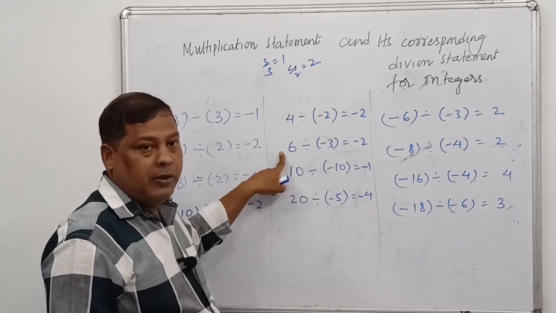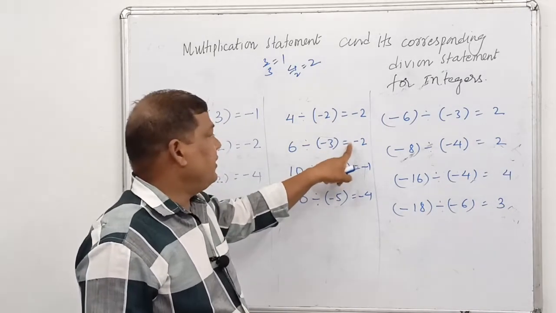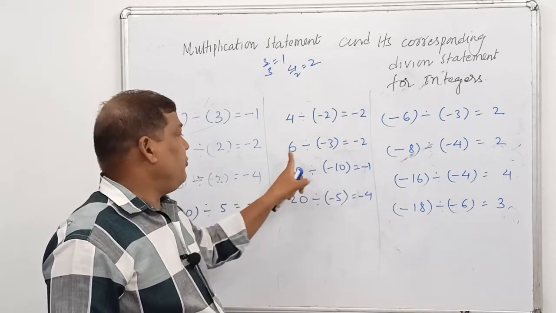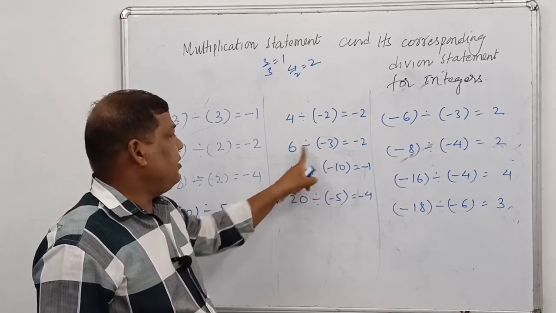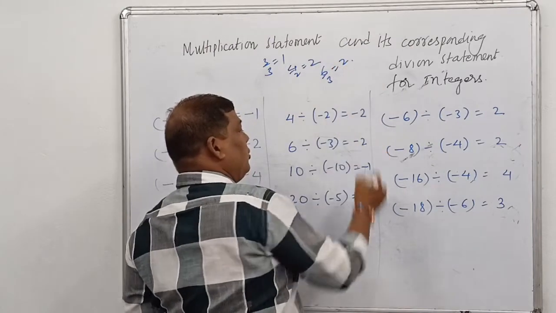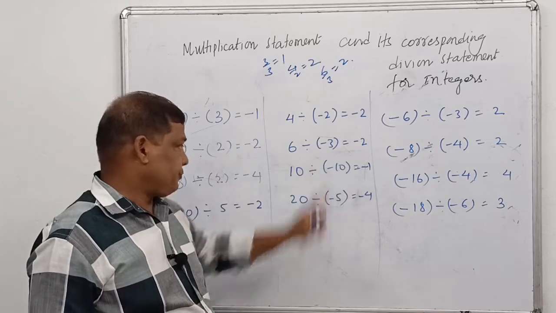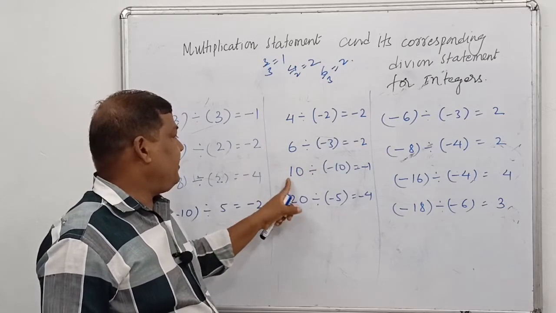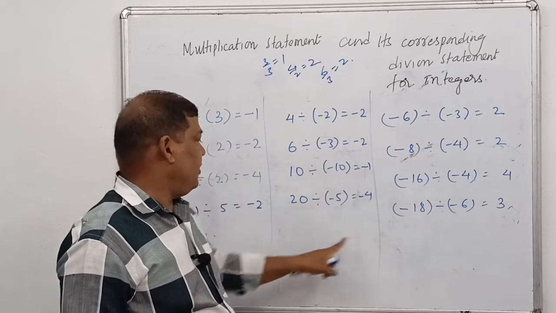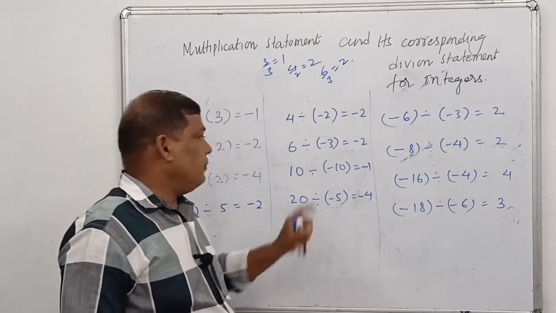When you divide a positive integer by a negative integer, it gives a negative sign. Then we divide them, 6 divided by 3 is equal to 2. Then we put a negative sign before the quotient. So similarly, 10 divided by minus 10 is equal to minus 1. 20 divided by minus 5 is equal to minus 4.